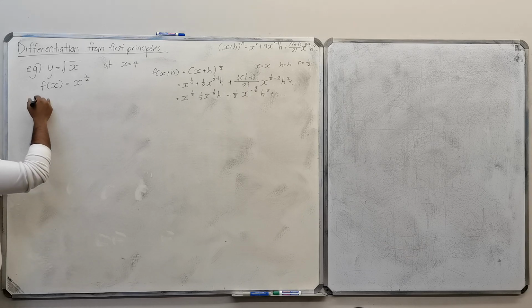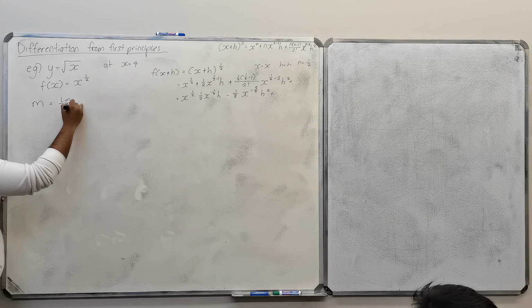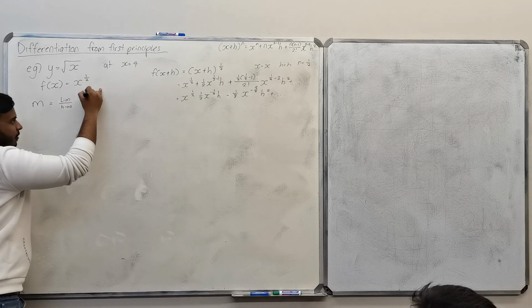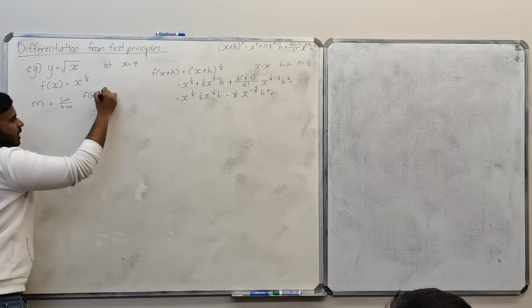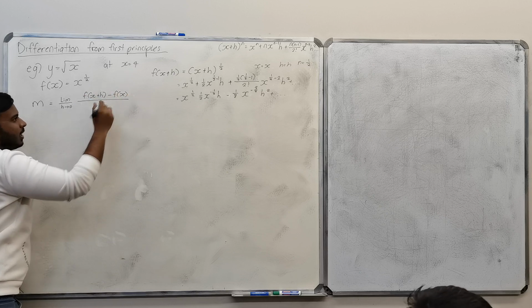Now let's do first principles. First principles, they want the gradient equal to the limit as h approaches 0 of f of x plus h minus f of x all over h.